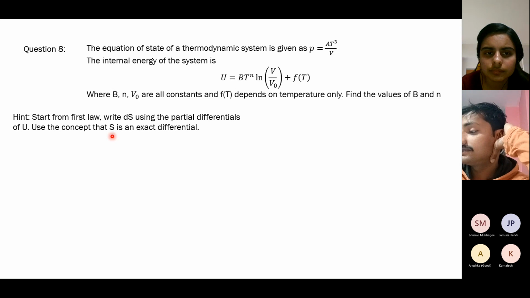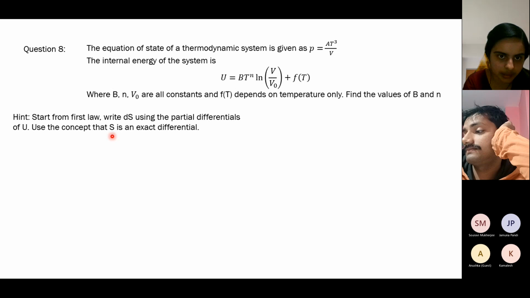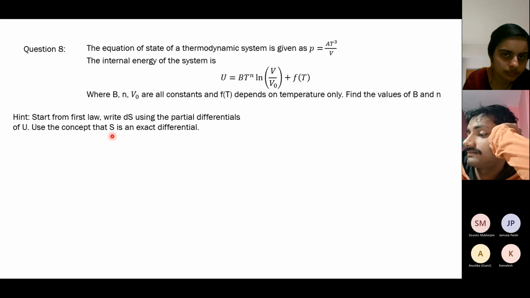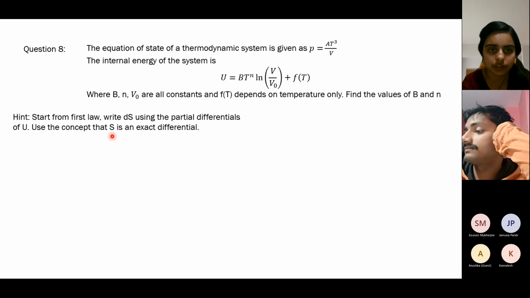Integration process is also there in the question, ma'am. Yes, integration, but you don't have to literally complete the integration very seriously, you have to use this concept of exact differential. Once you find the expression for dS, there's a comparison: after you find the expressions, compare both sides and then find the expression.